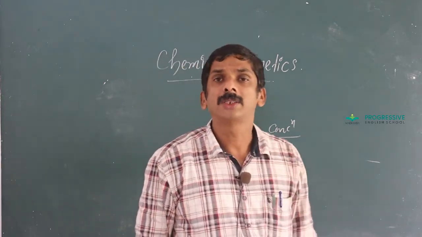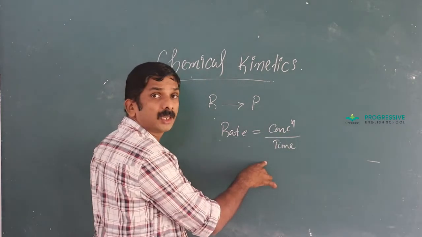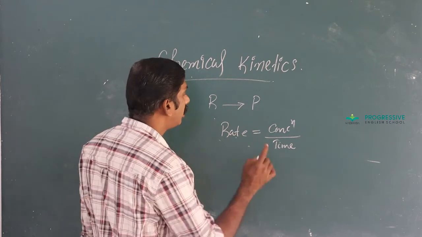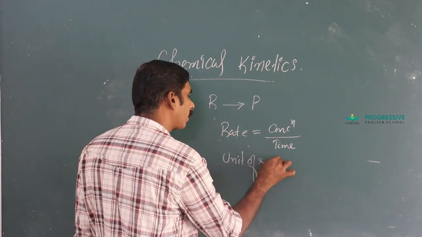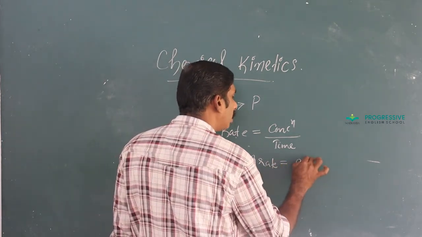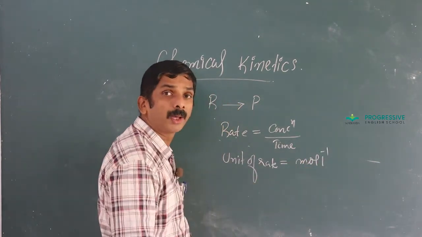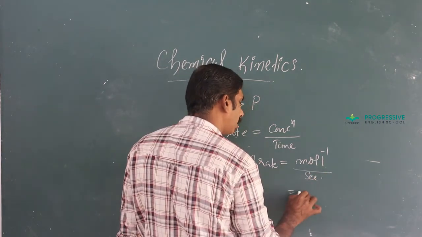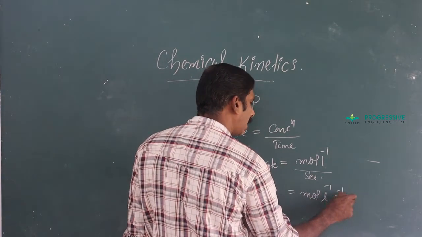Since the concentration is expressed in moles per liter and time is represented in seconds, the unit of rate becomes moles per liter divided by second, or mol L^-1 s^-1.